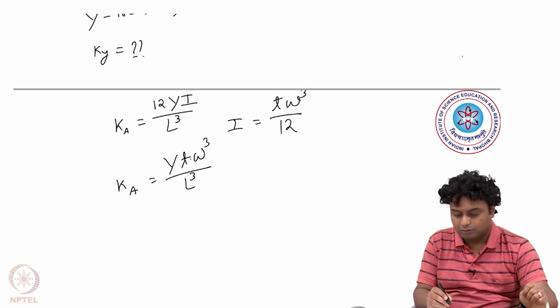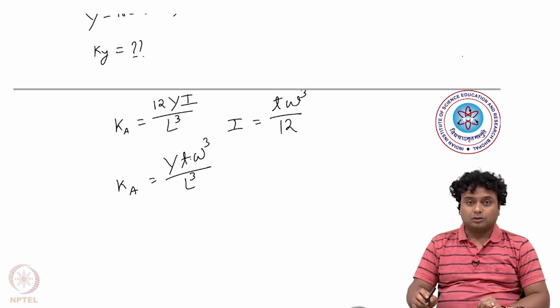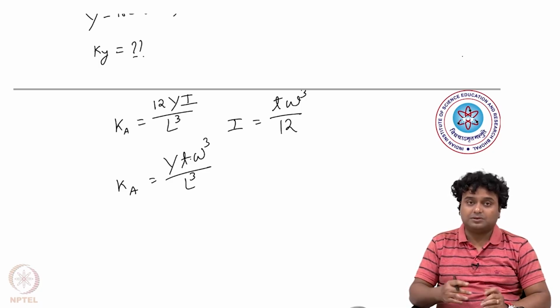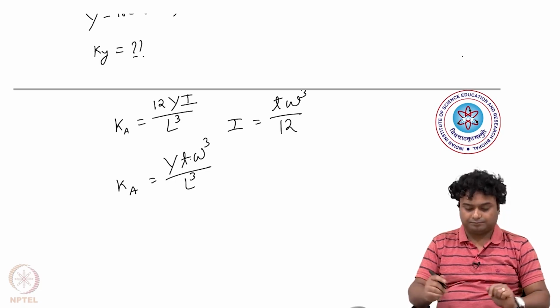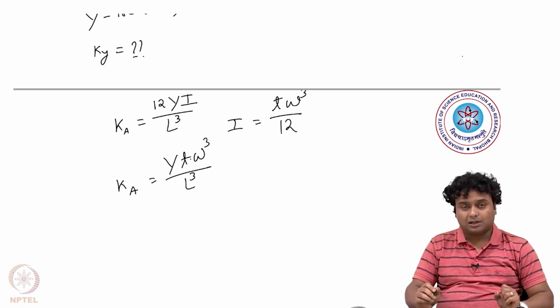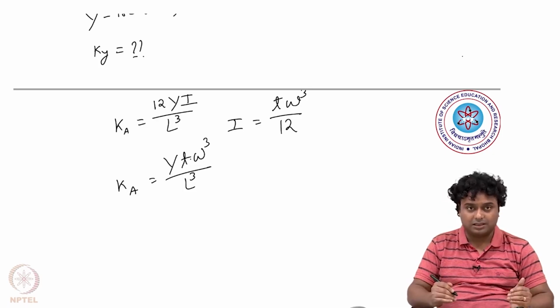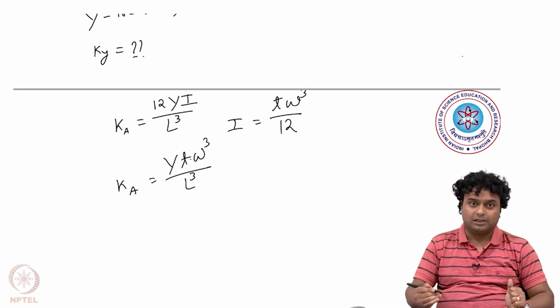Both the 12s get cancelled out. So Y T W cube by L cube is the stiffness constant for all the beams, because all the beams have the same dimension. Now what we need to understand is how these beams are arranged, which beams are in parallel and which are in series, and accordingly we can calculate the equivalent stiffness constant.